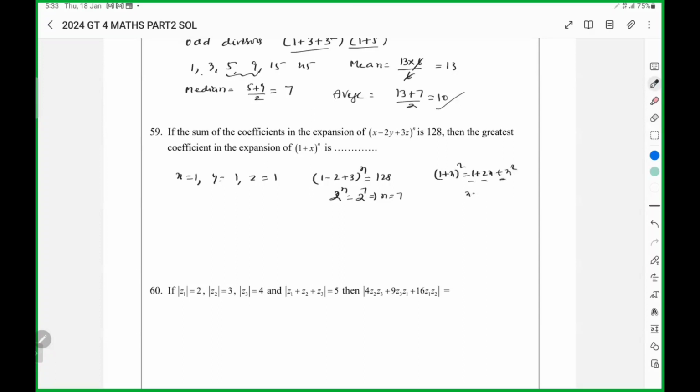Coefficients are this. Put x as 1. Directly you'll get sum of the coefficients, which is substituting 1 there. So greatest coefficient is middle term, that is 7C3. So here you have 7, means 8 terms are there, so 7C3 or 7C4 doesn't matter. Both are same.